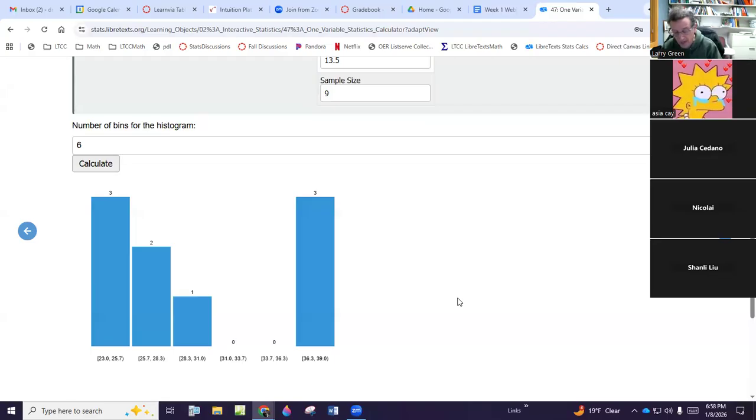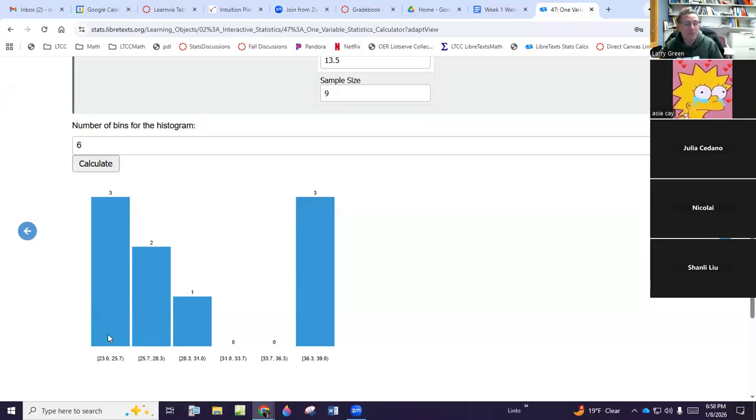Okay, and it is important that you know how to look at a histogram and see if it's skewed left or skewed right, or uniform, or unimodal, or bimodal, or normal, symmetric. Okay, so skewed left means the left-hand side is low and the high side is on the right-hand side.